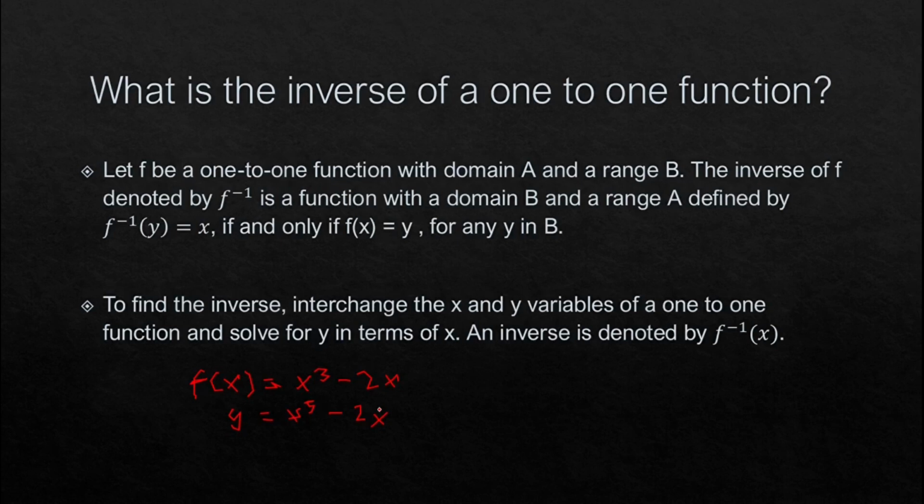Basically, to get the inverse of a 1-to-1 function, you just swap x and y, they change roles. So the y becomes x and x becomes y.